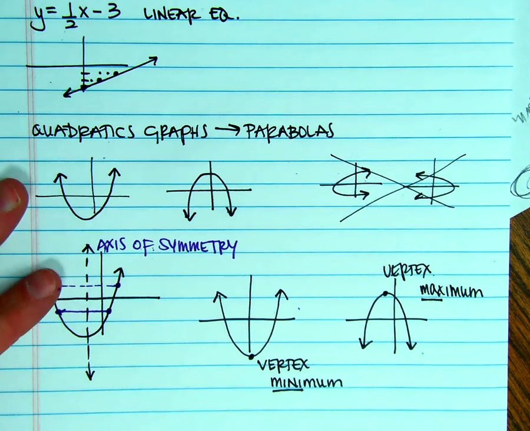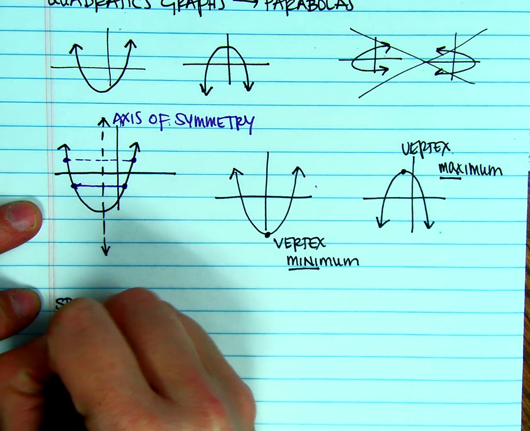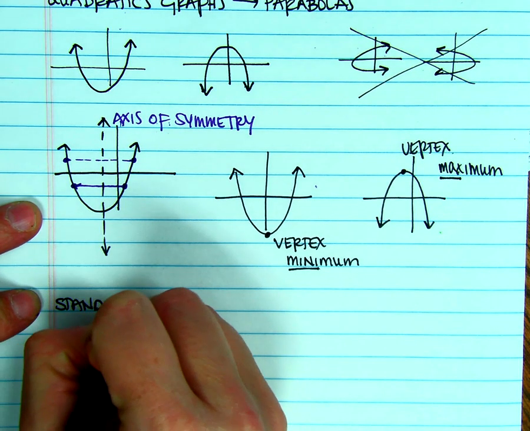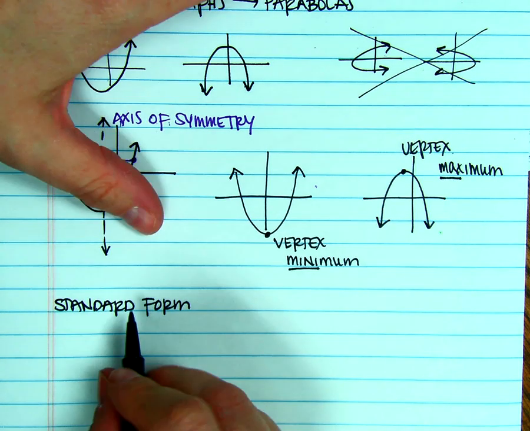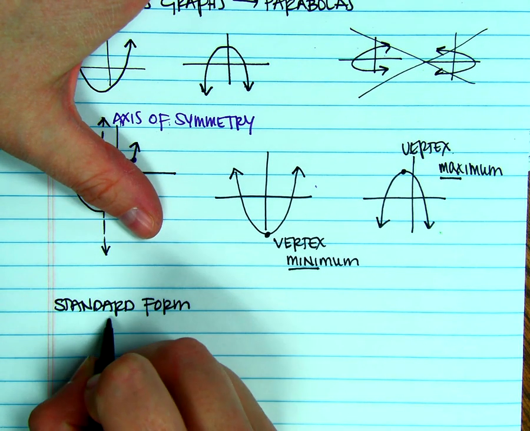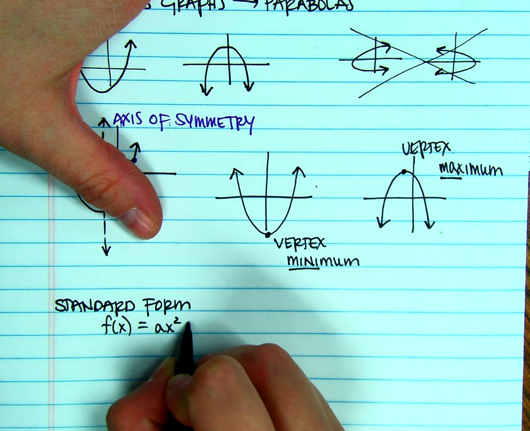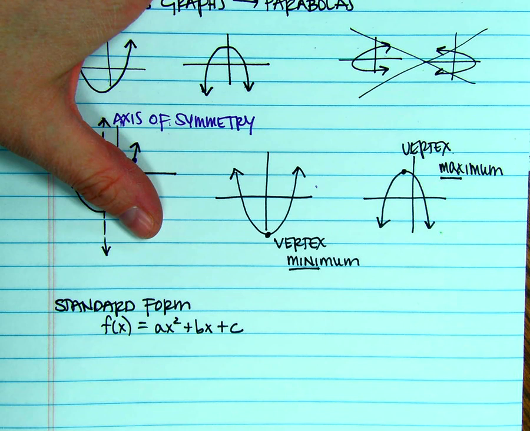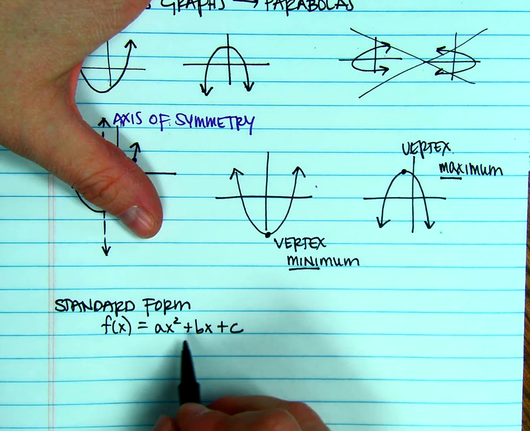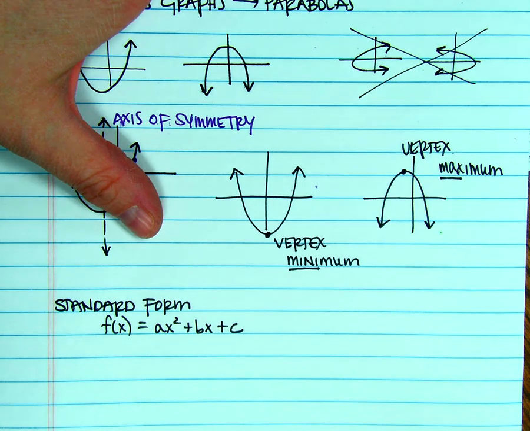We have what is called standard form. And standard form of a quadratic is f of x equals ax squared plus bx plus c. And there are certain things that the a performs and that the c performs.